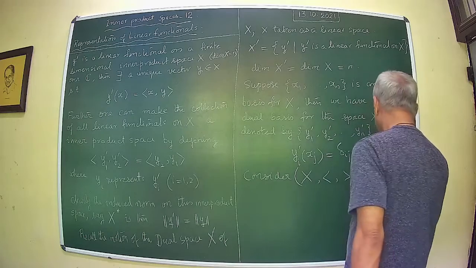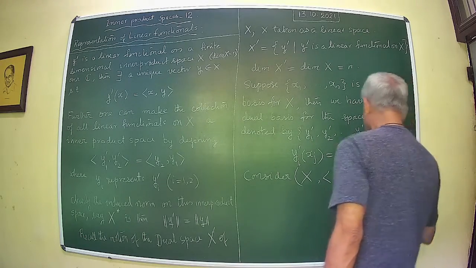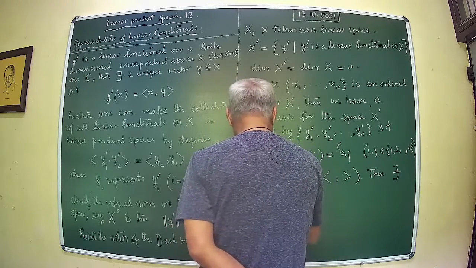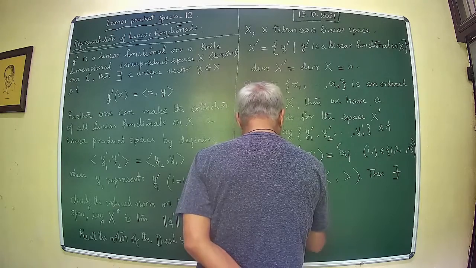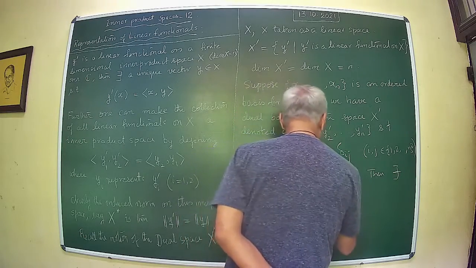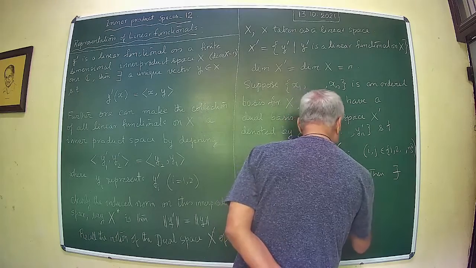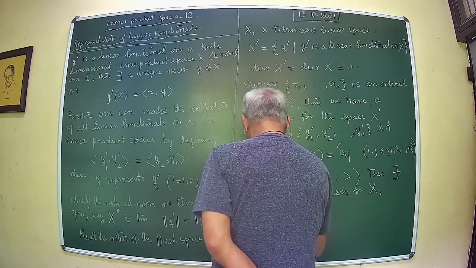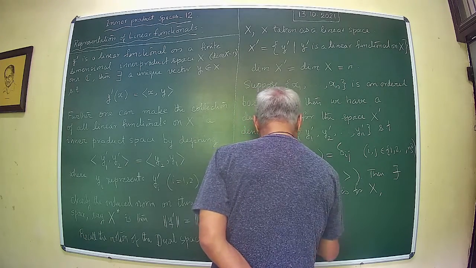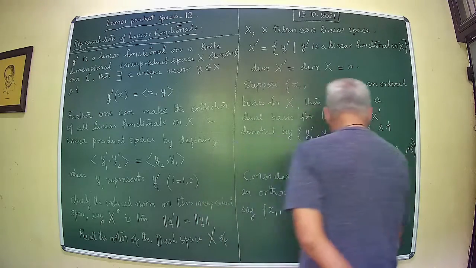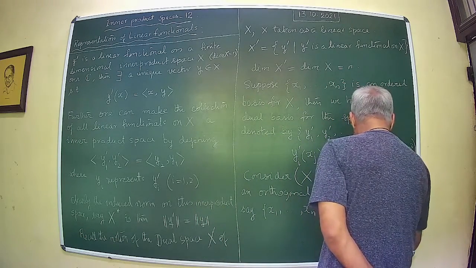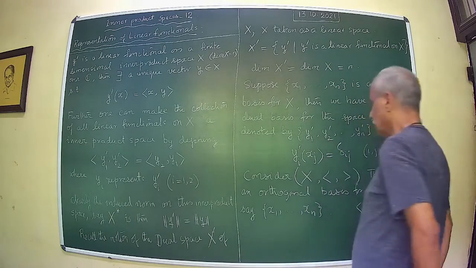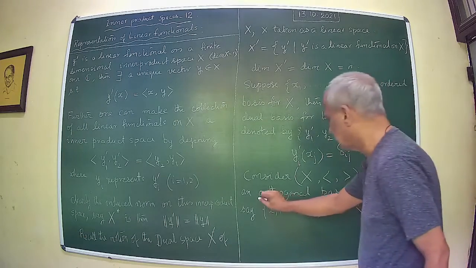Then there exists an orthogonal basis, say x1, ..., xn, and what you have is this xi that's an orthogonal basis.